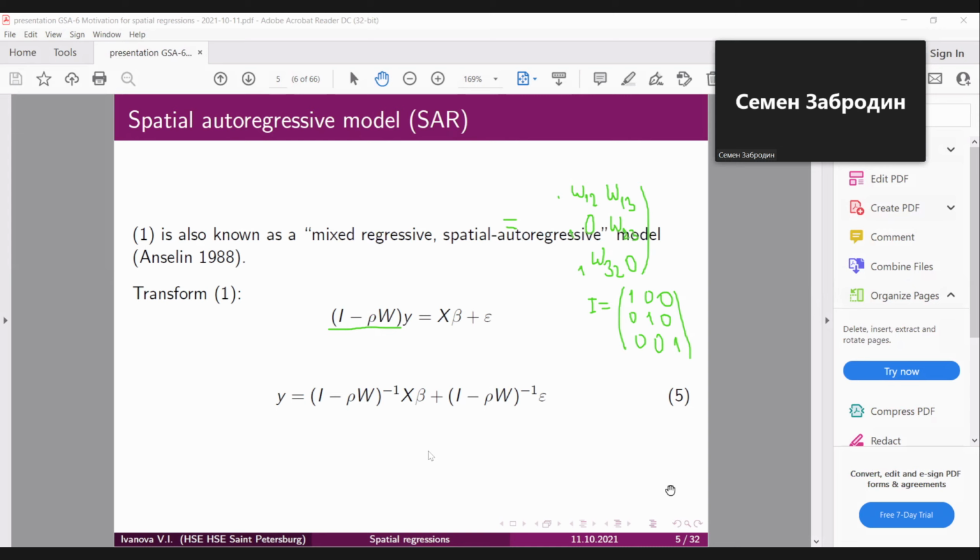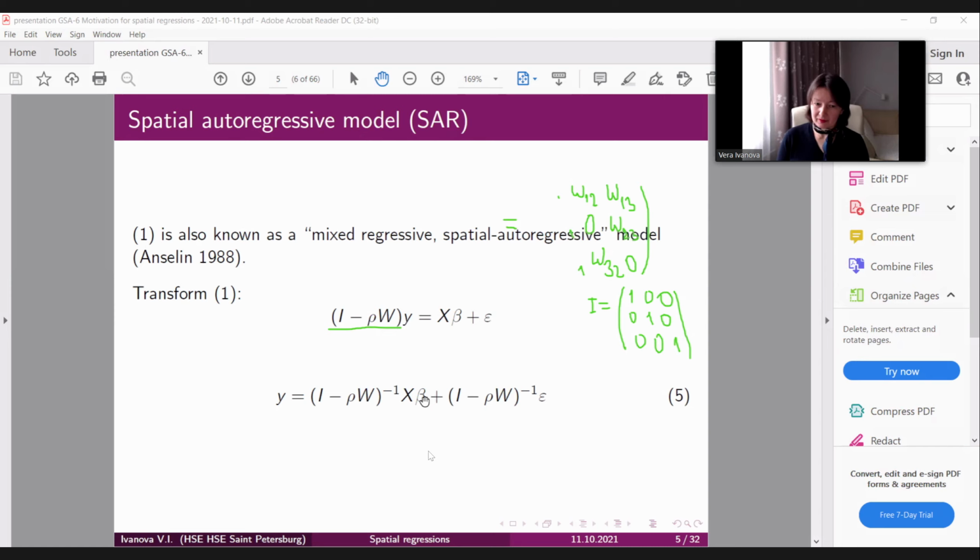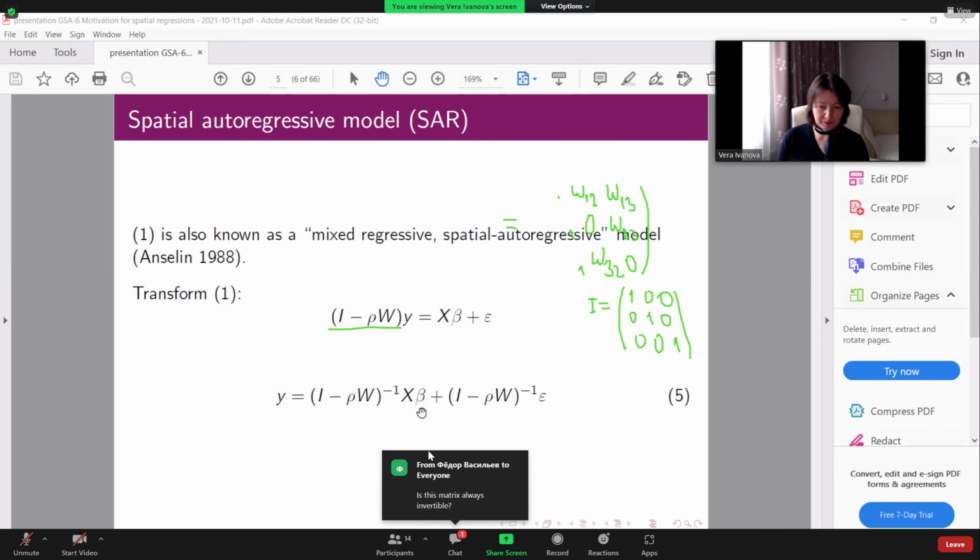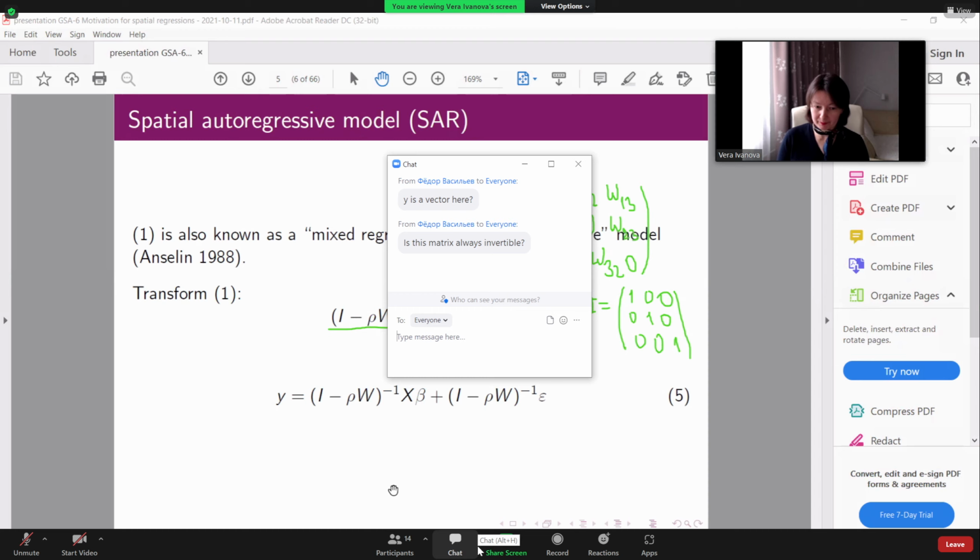So it's very important, I guess. Beta itself doesn't depend on W. Except for beta, we need to estimate ρ as well, because ρ is an unknown parameter.